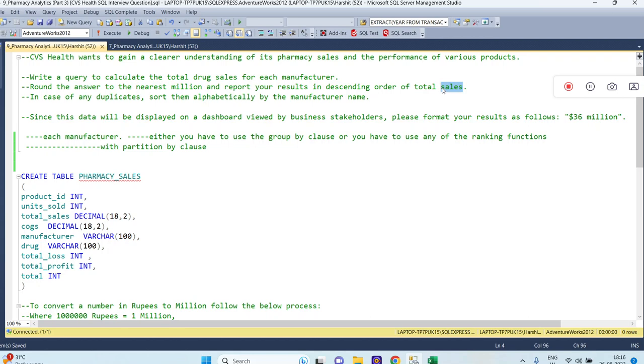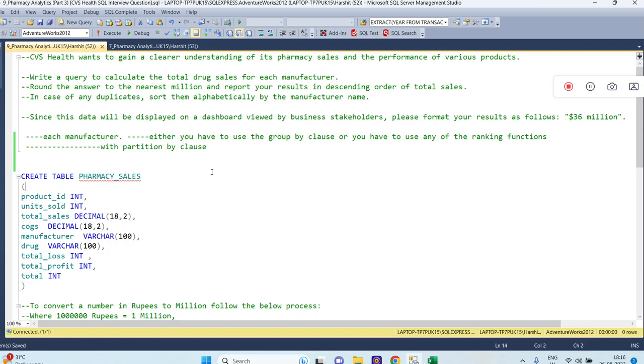In case of any duplicates, sort them alphabetically by the manufacturer name. And since this data will be displayed on a dashboard used by a business stakeholder, please format your result as follows, like $36 million, $100 million, like that.